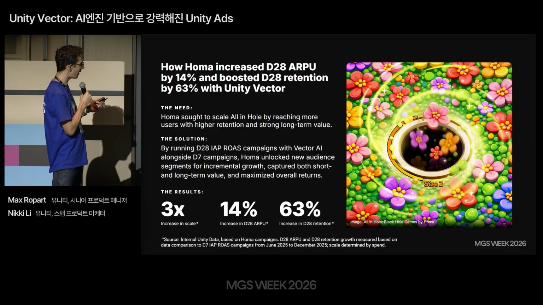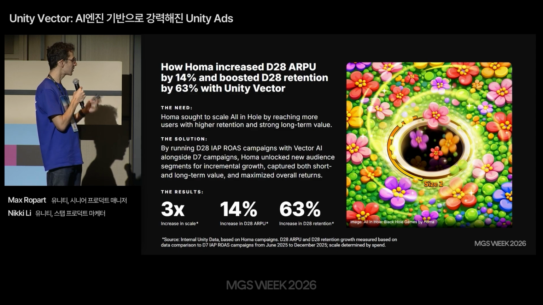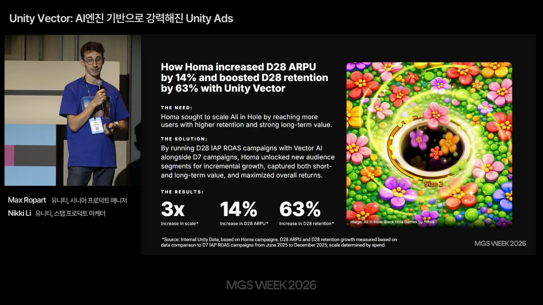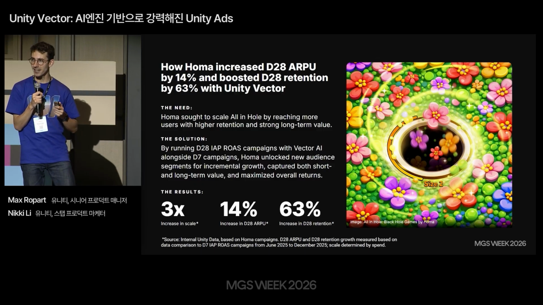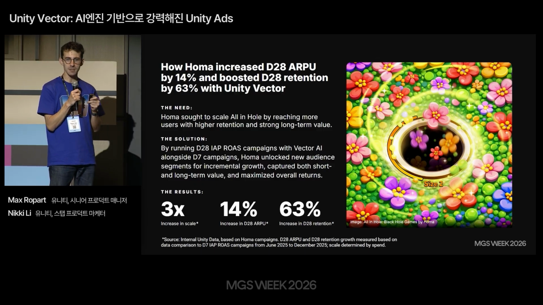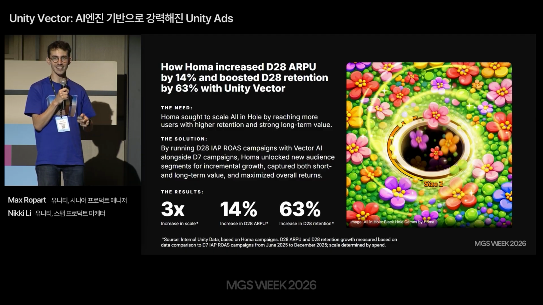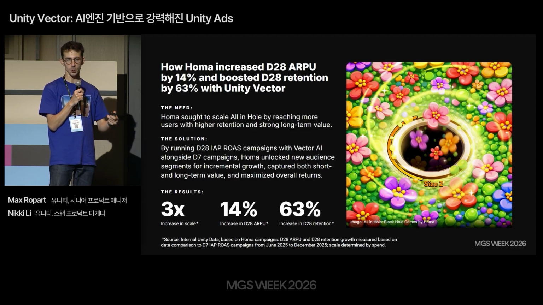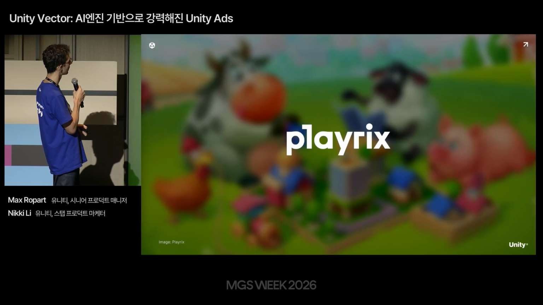We also provided a 40% increase in D28 ARPU, as well as a 63% increase in D28 retention. So this shows that our AI model, Vector, is able to optimize and grow your application, but it is not sacrificing or compromising the quality. We're able to find both new users, better users on top of the existing ones.